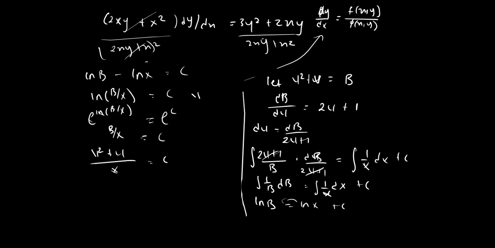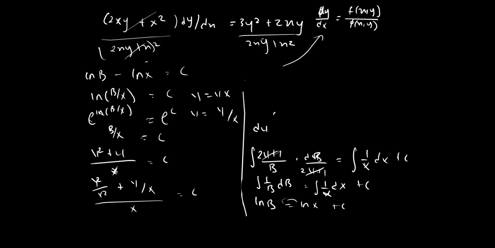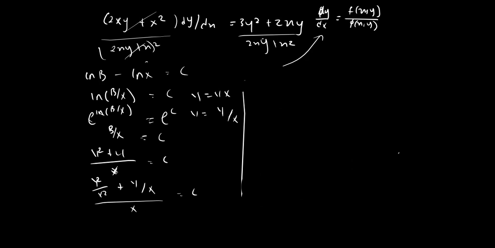So remember that y was equal to vx, so we can make v the subject of the formula. So v will be equal to y over x, and then we substitute y over x in this equation. So we're going to have y squared over x squared plus y over x, then everything here over x is equal to c. At this point you're just simplifying. There's nothing too stressful. You just need to simplify the equation that you have on the board, and then you're good to go.